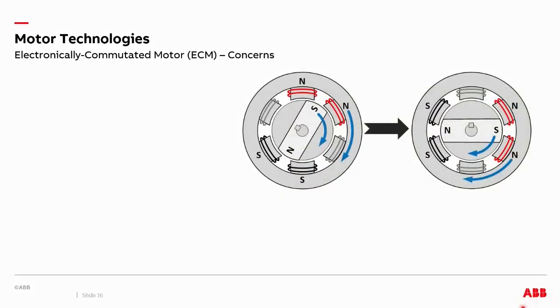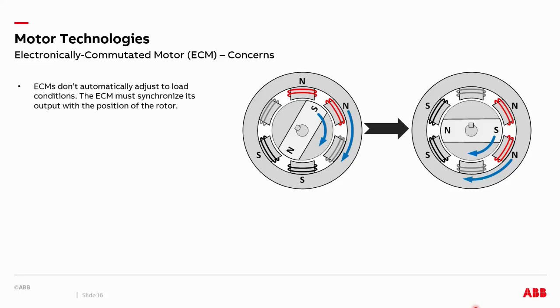Let's look at some concerns. The ECM receives its feedback from the motor as the magnets pass by the stator's coil. So the ECM must synchronize to the position of the rotor, which requires a drive. Because you need to keep this synchronized, you cannot start ECMs directly across the line.